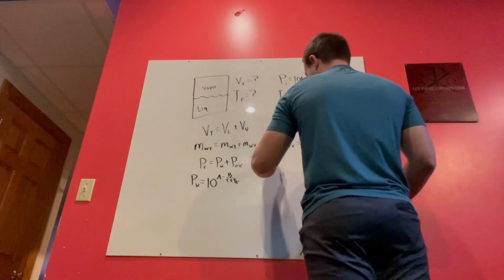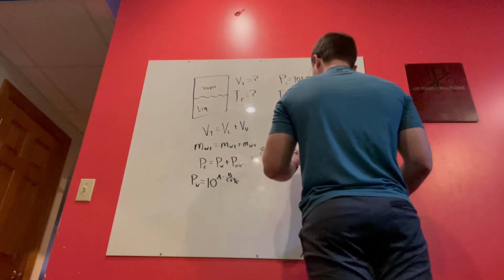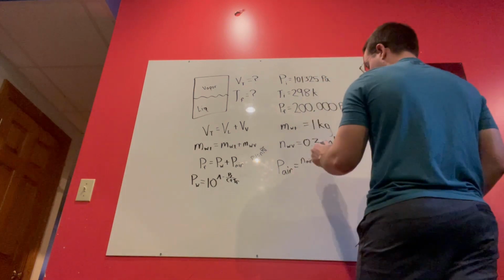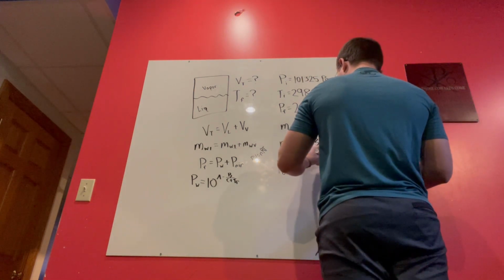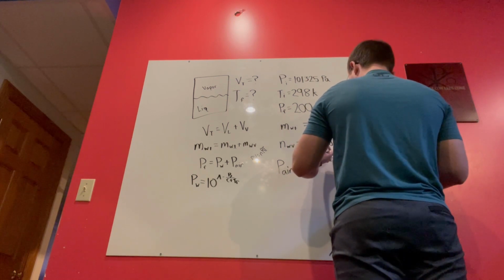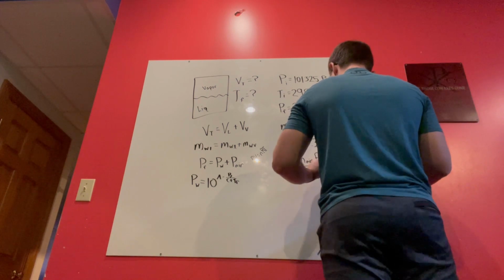So let's solve for P. So P air is equal to n air, which is the number of moles of air, then R is our constant, and then we got our final temperature all over the volume in the vapor phase.